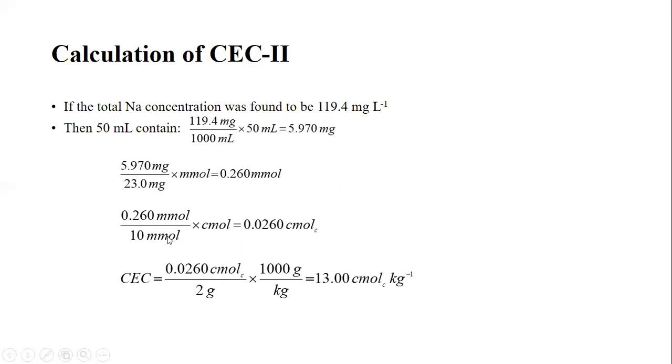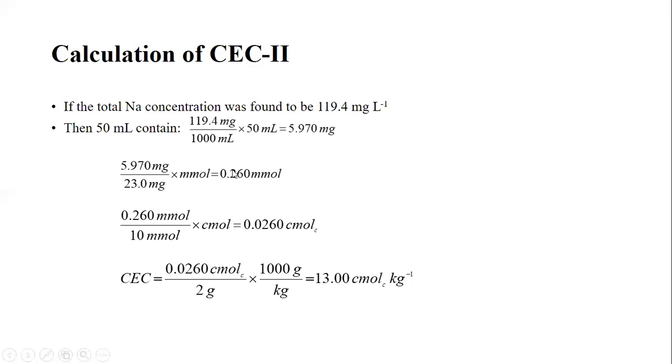0.260 millimole over 10 millimole per centimole. Remember the units we need: centimole of charge per kilogram of soil. So we want to change the millimoles; you divide them by 10 to get them into centimole.